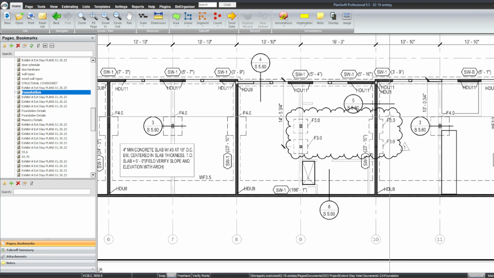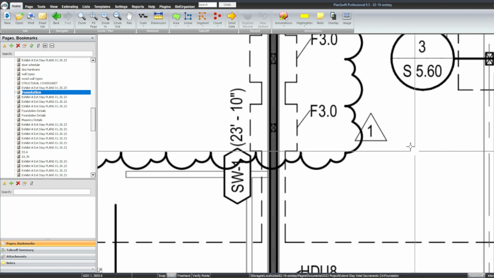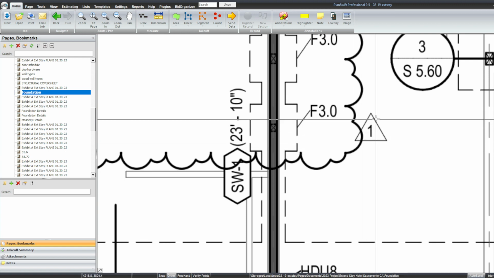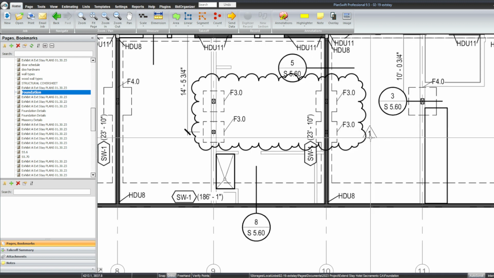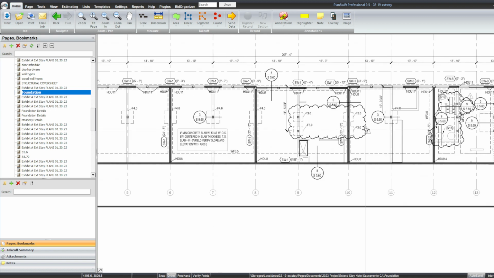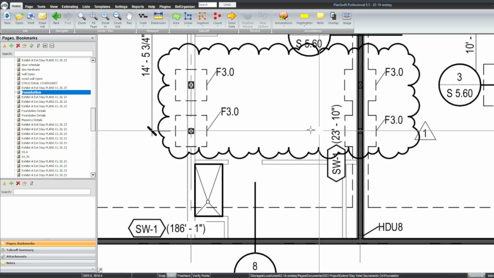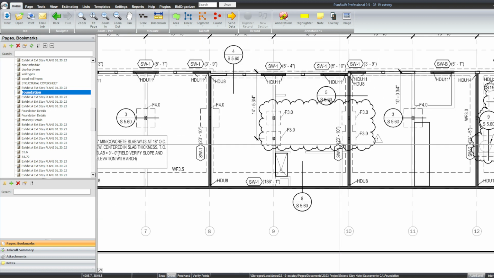Now this, clouds, right? That means that there has been a revision, and we need to go to triangle 1 to give us the explanation of that. But I could take a look here. Instead of using one 4x4 column pad, they use two 3x3, and two 3x3 here.